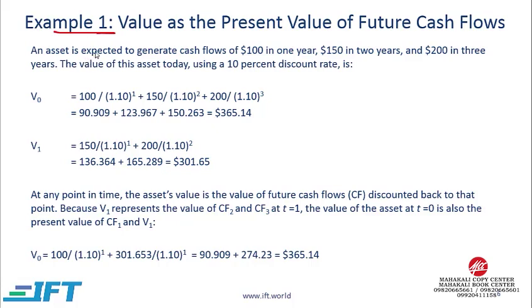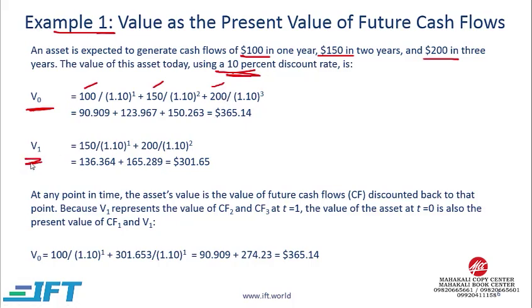If you have trouble with this, then I'd be very concerned. Let's say you have an asset with cash flows of 100 in 1 year, 150 in 2 years, 200 in 3 years, and you are given the discount rate. What's the value at time 0? It is simply the present value of the various cash flows discounted at 10%.